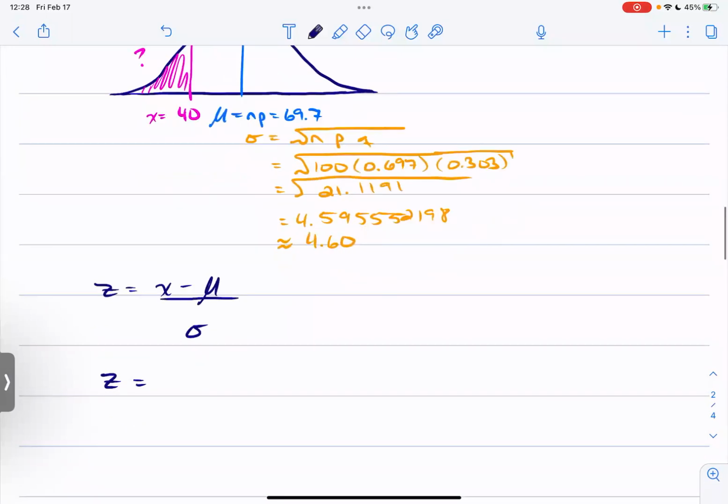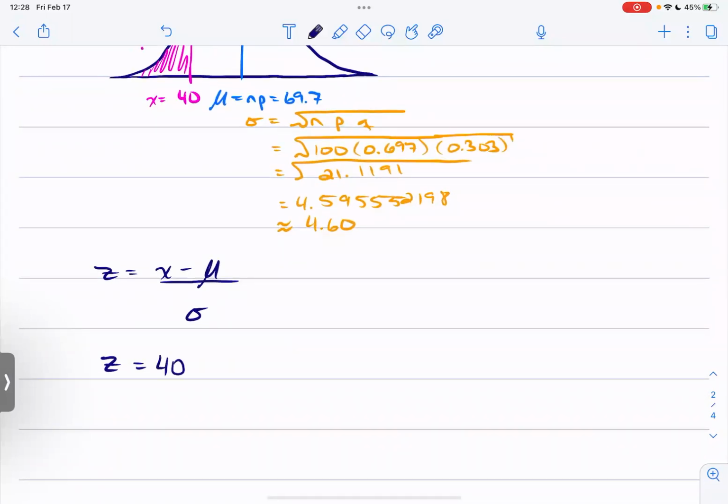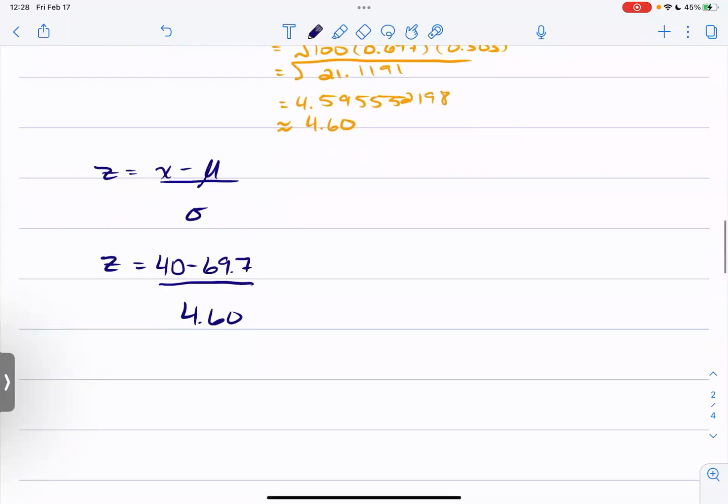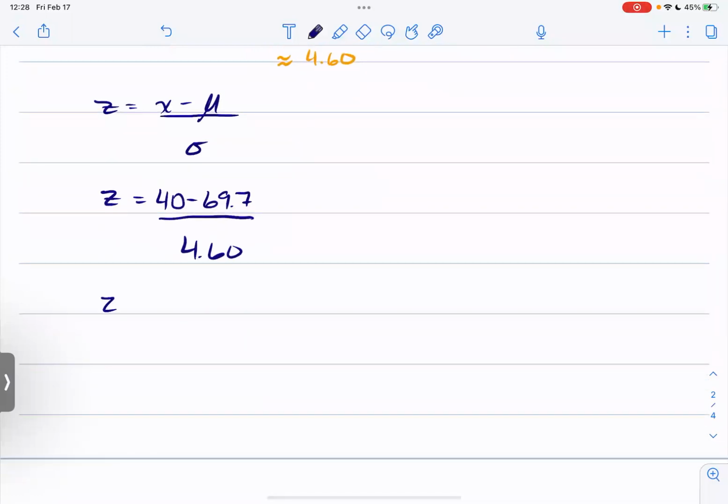So I have 40 minus 69.7 divided by 4.60. All right, 40 minus 69.7 divided by 4.6. Wowzas. Negative 6.4565211739.